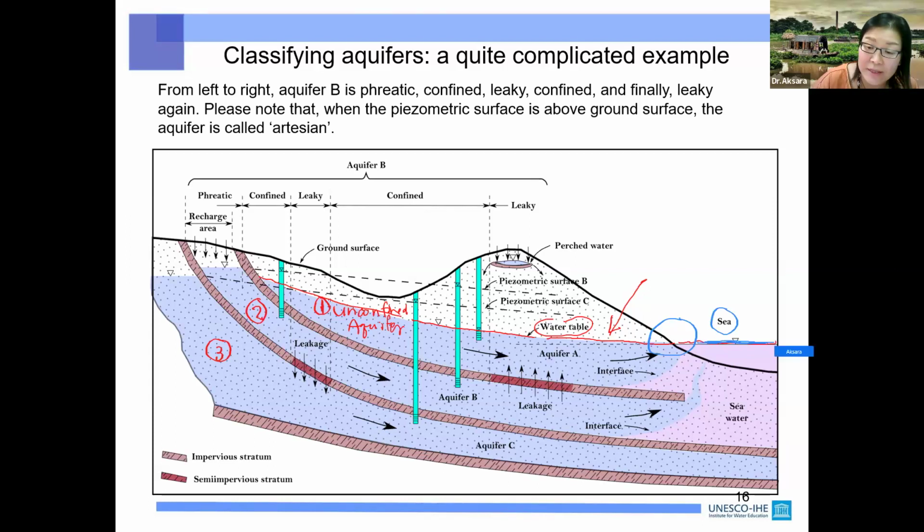The water table in red and the sea level in blue are actually connected. So I would say that this aquifer is what we call a coastal aquifer.